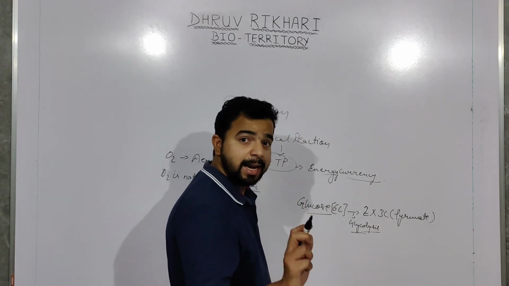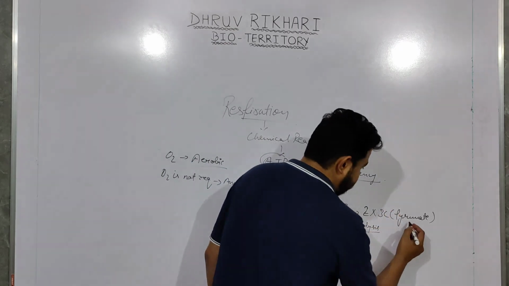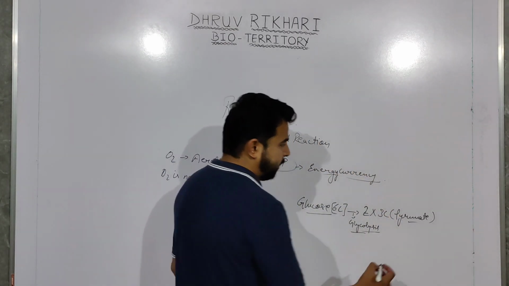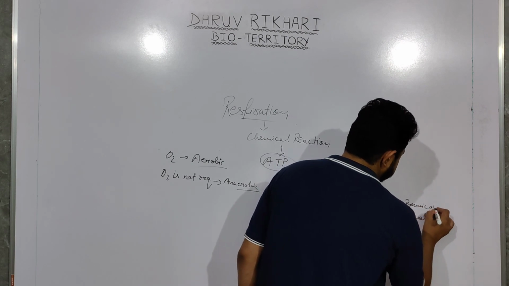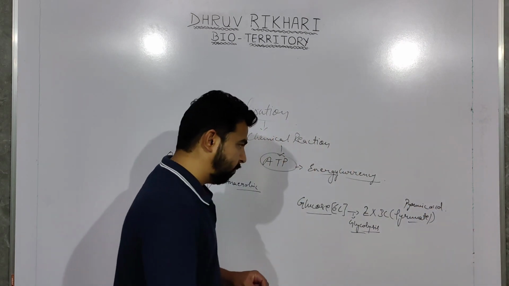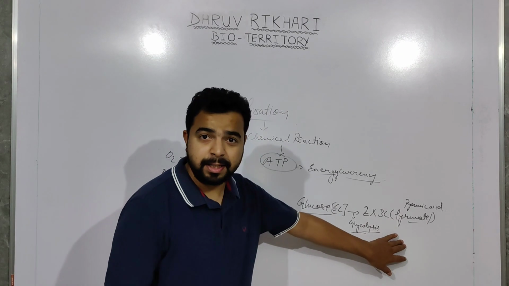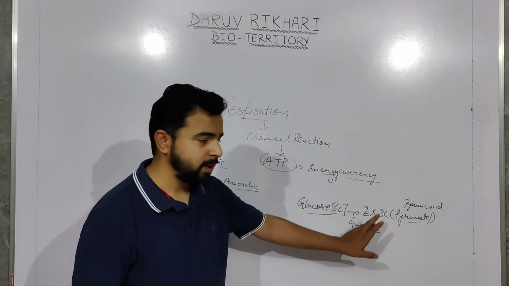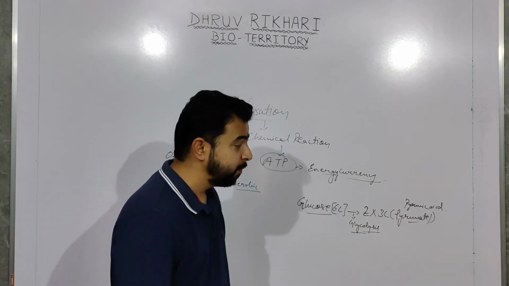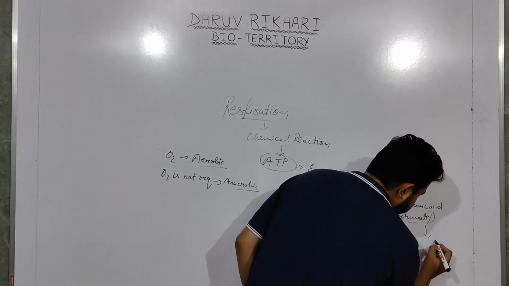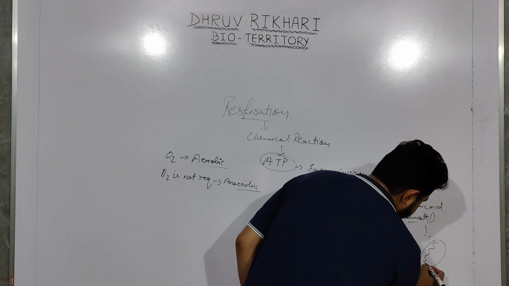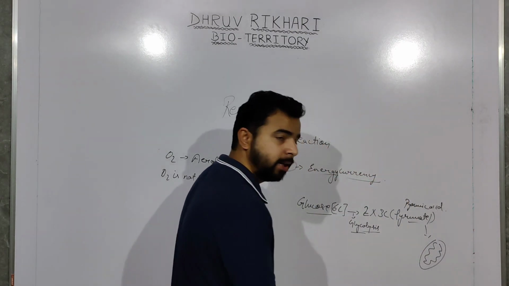Within the cytoplasm of the cell, this pyruvate is formed, or sometimes it is also written as pyruvic acid. Now what will happen? This process, glycolysis, took place in the cytoplasm. Now this pyruvate will go into the mitochondria of the cell, which is a cell organelle.